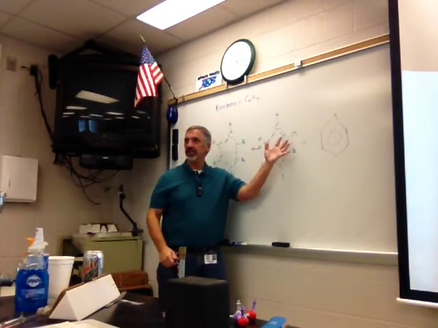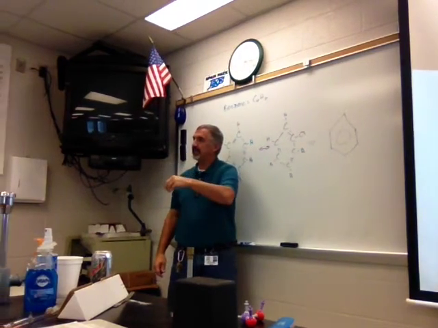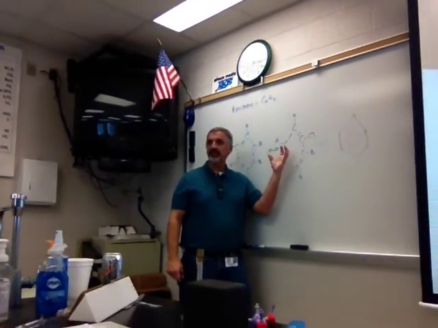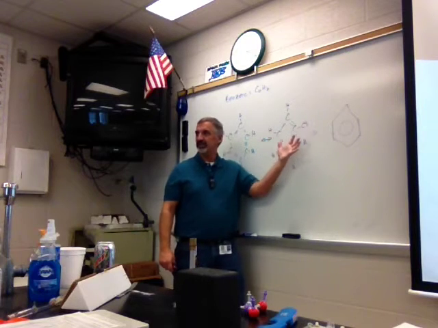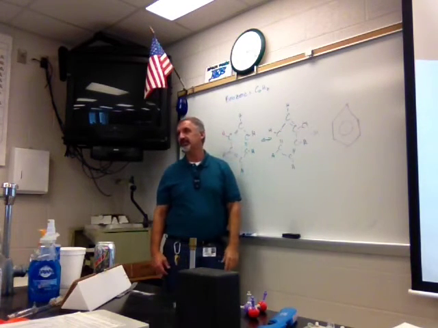It wants to keep the alternating double bonds present. That's when we say that the resonance adds stability to the molecule. So how the molecule reacts changes because of the ability to have these resonance structures. Because of those pi electrons being delocalized and shared, it adds stability to the molecule.